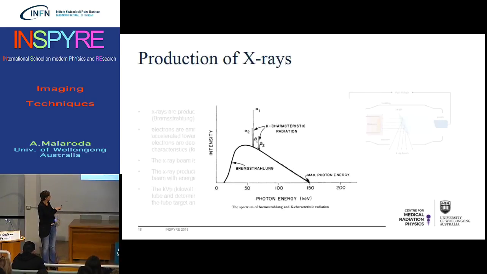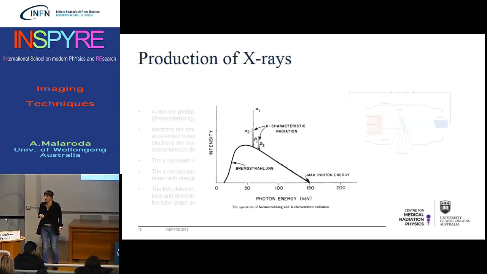So if I'm shooting these X-rays towards the patient, they will be absorbed by the patient. And again, it's like the electrons earlier. If they're being absorbed within the patient, they are depositing energy, they are creating damage to the patient. And if they don't go through the patient, they are not giving me any information. So they are useless to me.